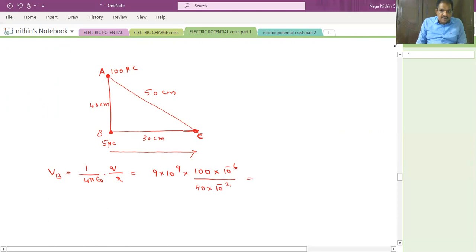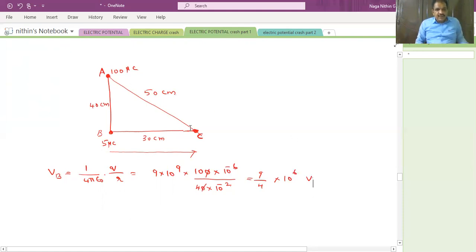The zeros will cancel. This is 9 by 4 into 10 power 6 volt.